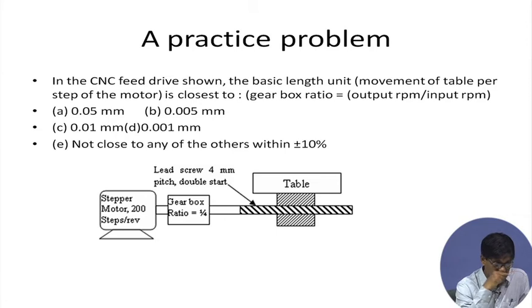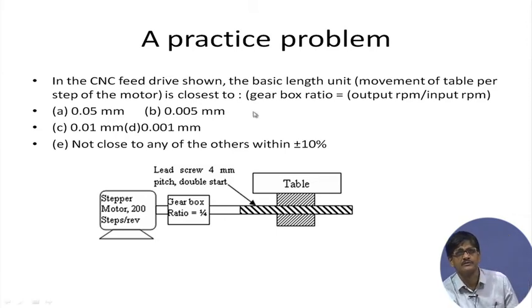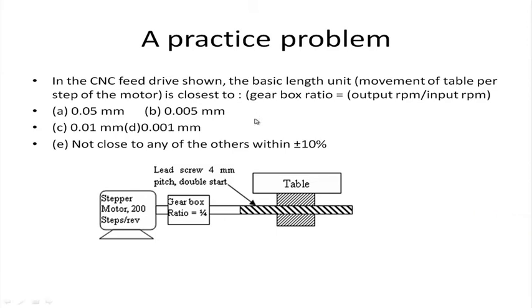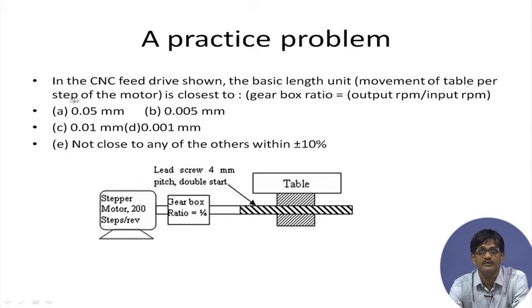Another one, slightly different configuration, but this will also help you to understand the application of gearboxes later on. In the CNC feed drive shown, the basic length unit, that is the movement of the table per step of the motor. So, what do we have?